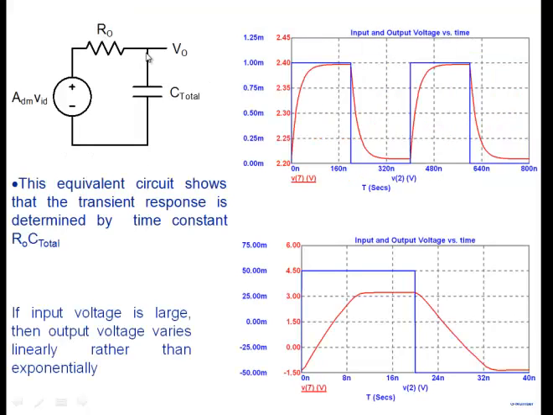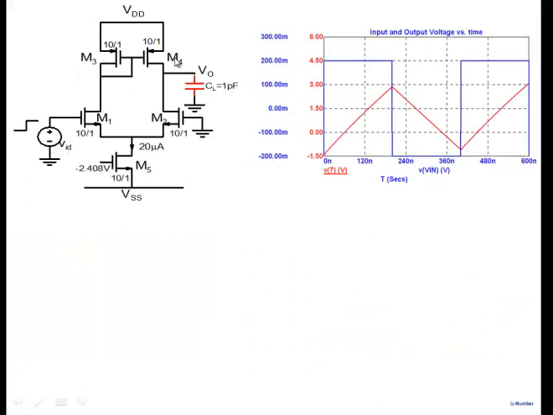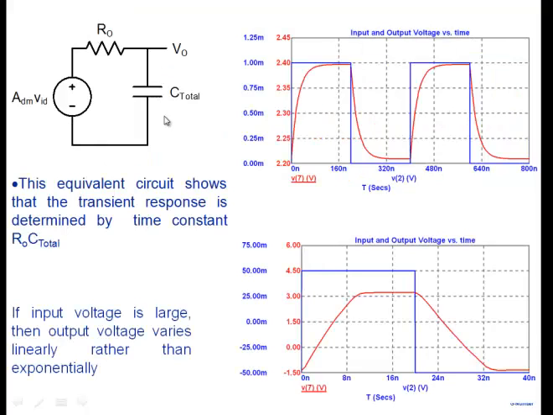Then this circuit is valid here. Initially, if you apply a small step, then the current requirement is ADM VID by R0, or whatever the charging current is. Then that much current is able to flow. But if you apply a large step, then there's a limit of 20 microamperes. So when you apply a small input, the circuit is like an RC circuit, and it works fine.